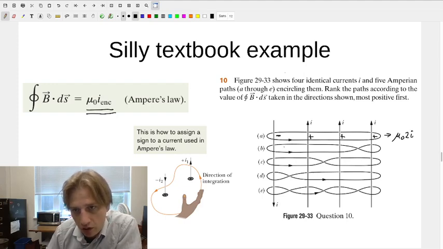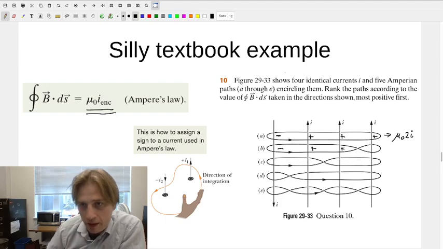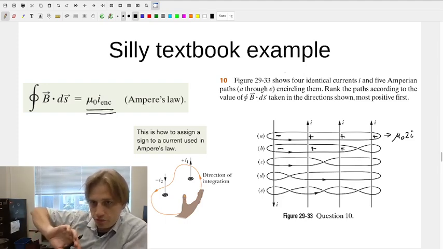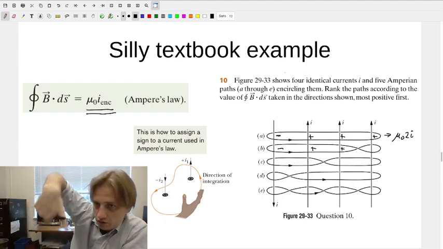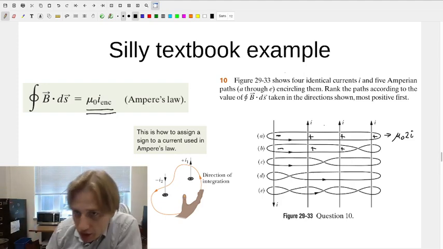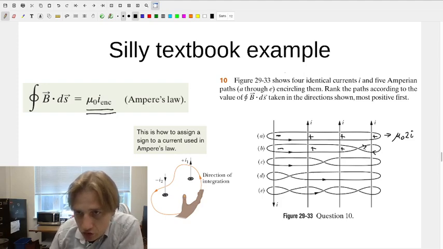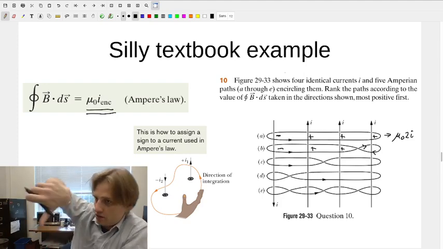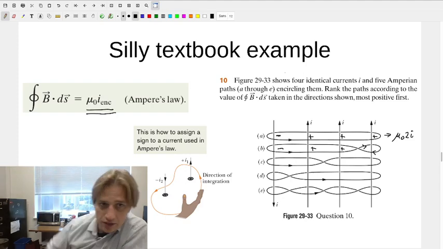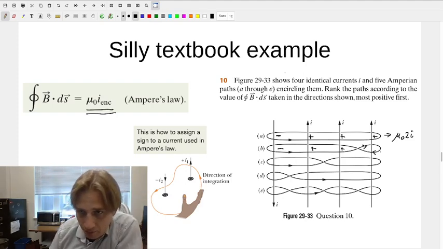Now you can do all sorts of weird loops. In this case, if you're doing this loop as before, this would be minus, this would be plus, this would be plus. But now if we twist that loop such that our direction of the loop is going around like this, just for that last one, that would count in this line integral as a minus.